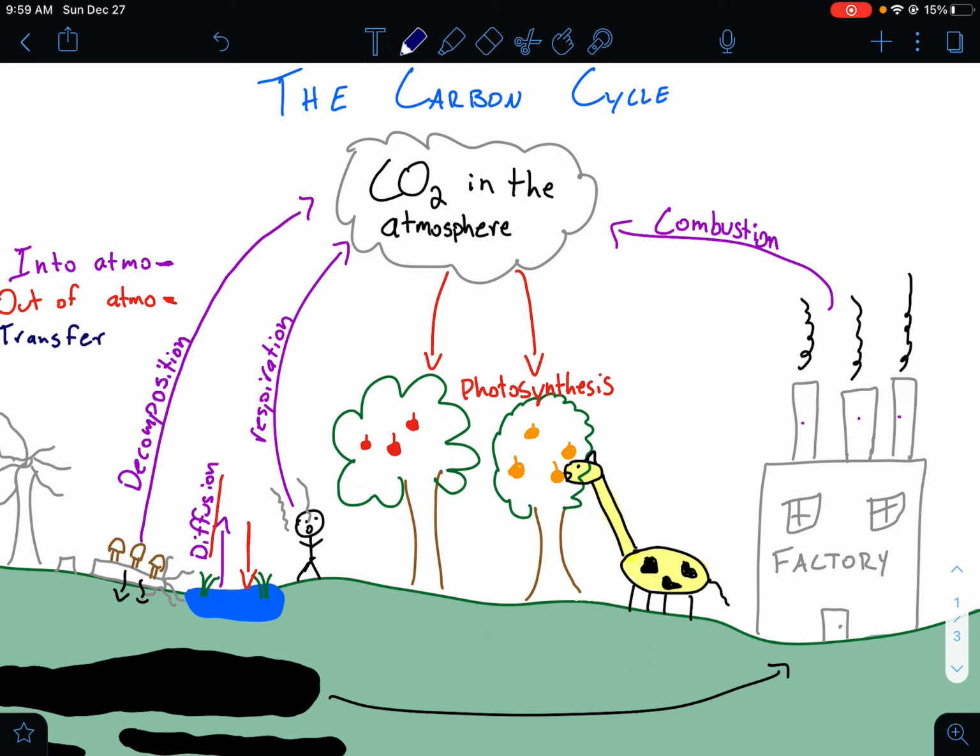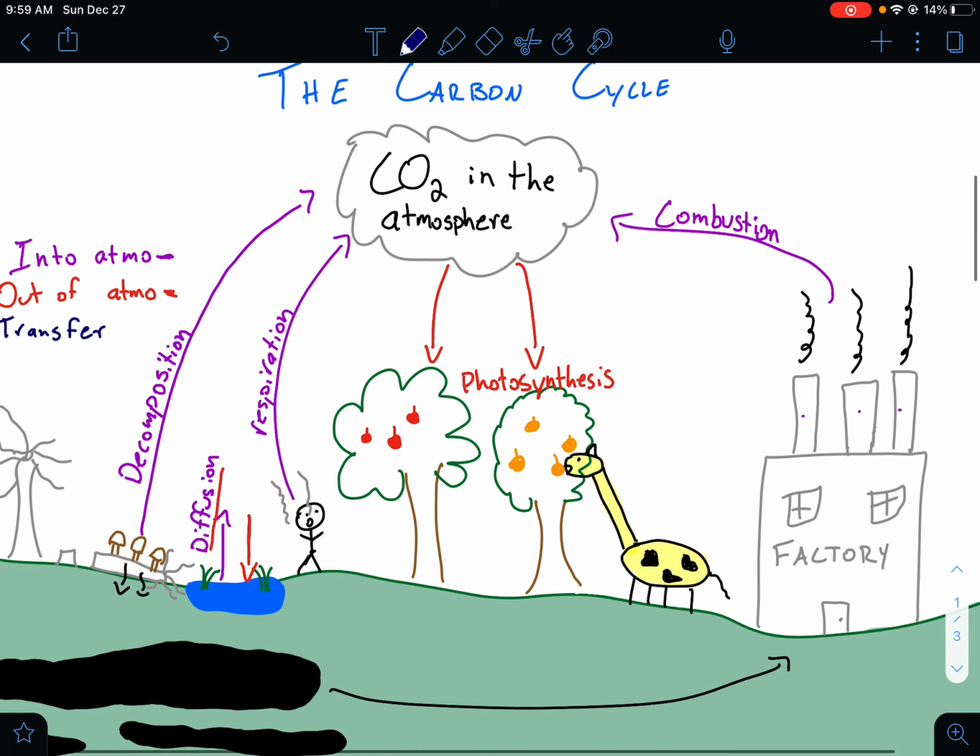Now let's look at some of the transfers that can happen here. First of all, we can take a look at our giraffe here. Apparently this giraffe likes oranges, and this orange is grown from an orange tree. The process of carbon moving from the tree to the animal is the process of consumption.